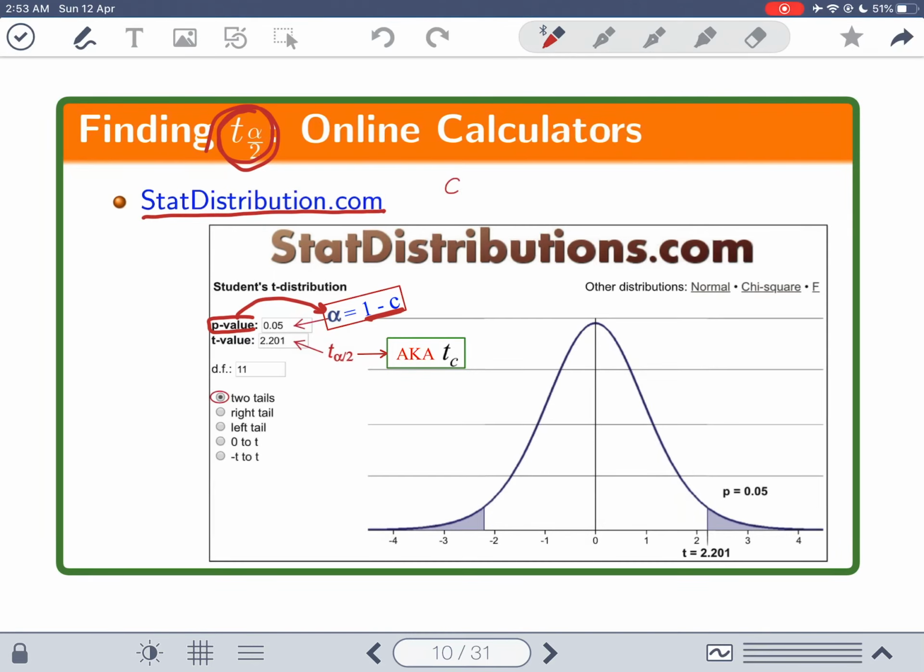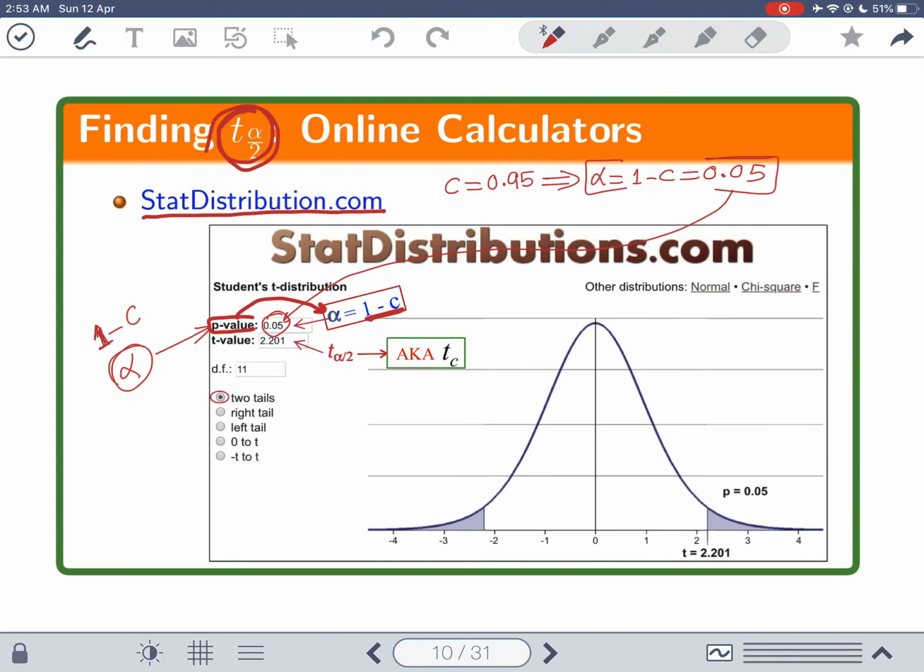If they tell you we want 95% confidence, you know that c is 0.95. And so alpha, significance level, is 1 minus c, which is 0.05. This is why you see that we put 0.05 here, where you see the p. This p, just think of it as alpha, your alpha, or as 1 minus c, when they give you the confidence level.